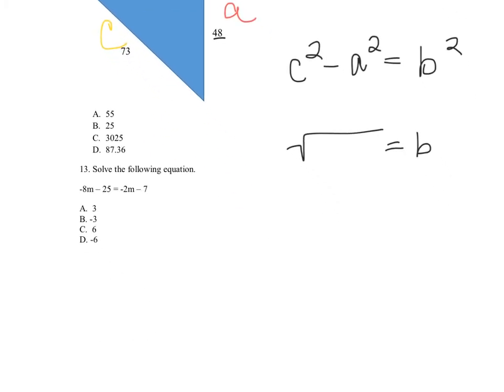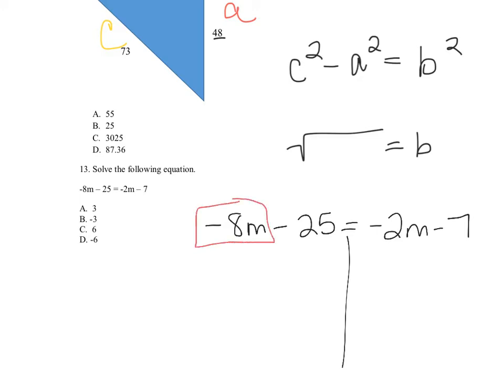On the following equation, negative 8m minus 25 equals negative 2m minus 7. I made a video for week 4 over this stuff, but what I would do is I would rewrite it, obviously, and then box your numbers with variables, regular numbers, but make sure you include the sign that's in front.